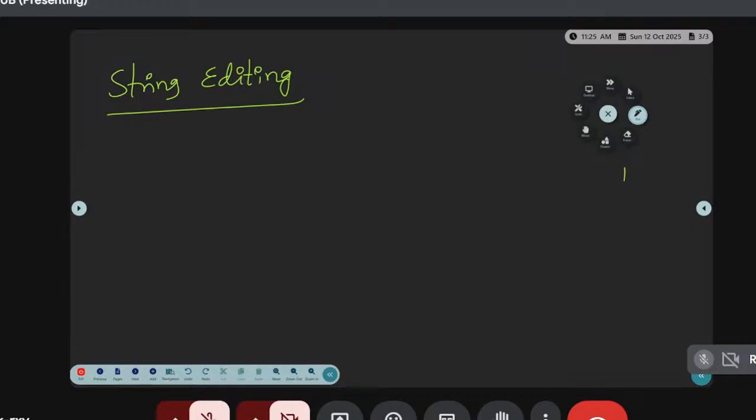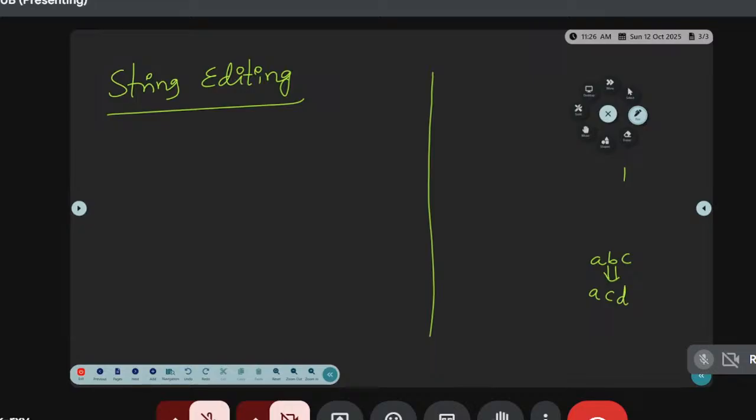Next application: string editing. Here the main aim of the problem is that if you have a string, for example ABC as the first input, then I have changed this string to ACD.